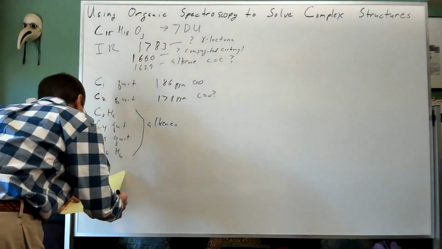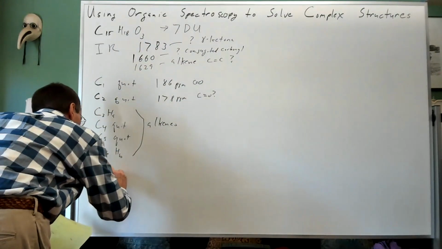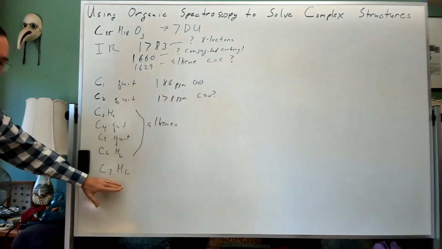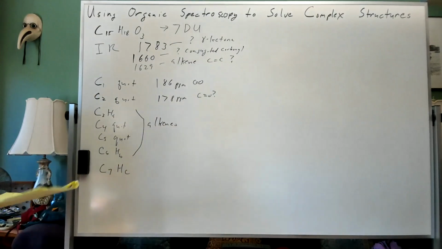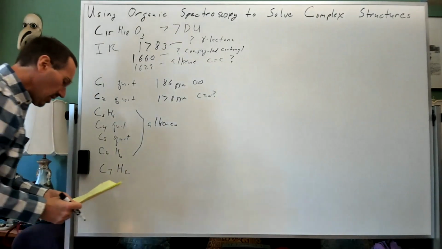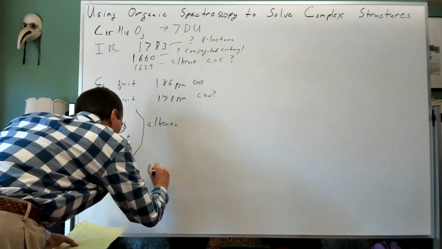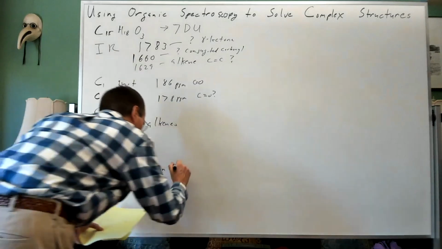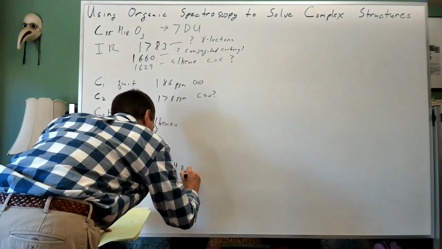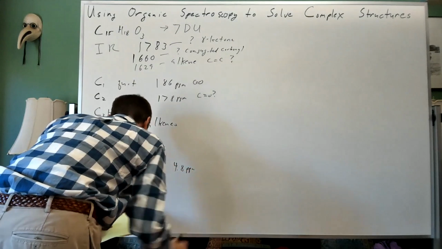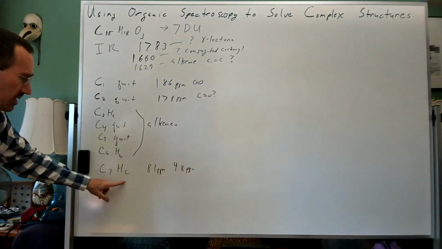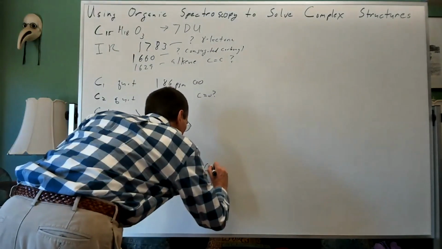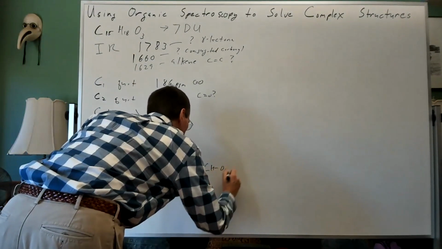All right, C7 is connected to HC. And C7 is really interesting, and HC is really interesting. C7 is at 81 parts per million, and HC is at 4.8 parts per million. That sure suggests that it's some sort of carbon and hydrogen next to an oxygen.